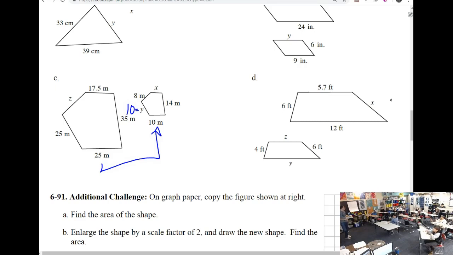Well, so 8. So there's 8 here on the other side times 2.5. So you're saying the scale factor when we go this way is going to be 2.5? So then 8 doubled is 16, and another half of it is Z. Yeah, Z is 20. Yep. We agree.